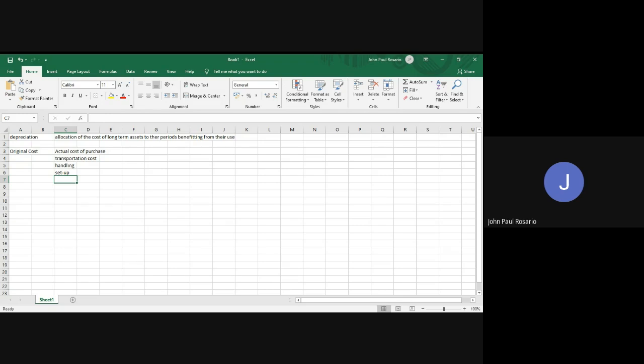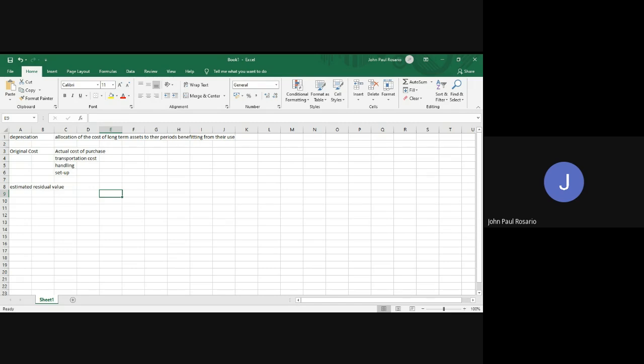Those are necessary for the long-term asset to be used. Then we have our estimated residual value, which means that at the end of its useful life, or when you are done using the asset, you expect the asset to generate some income.